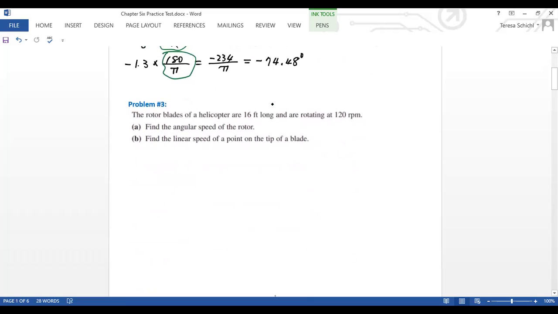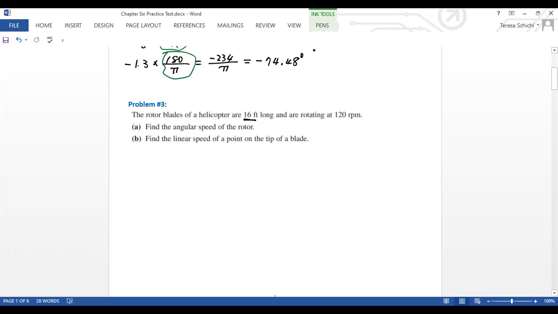Number 3 talks about a rotor blade of a helicopter 16 feet long rotating at 120 RPMs. What does RPM mean? That means revolutions per minute. I want to find the angular speed here. Let's write down the formula.